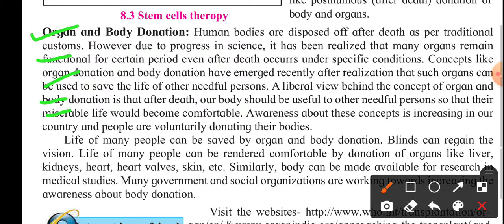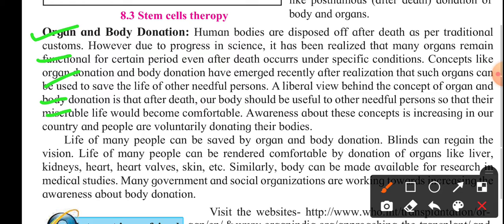It's simply like this: after a person's death, their body is disposed of, as we know, by the various cultures of various communities, with the last rituals we perform. Due to that, the organs present in the body, which are very useful and can save the life of other persons, go unused.